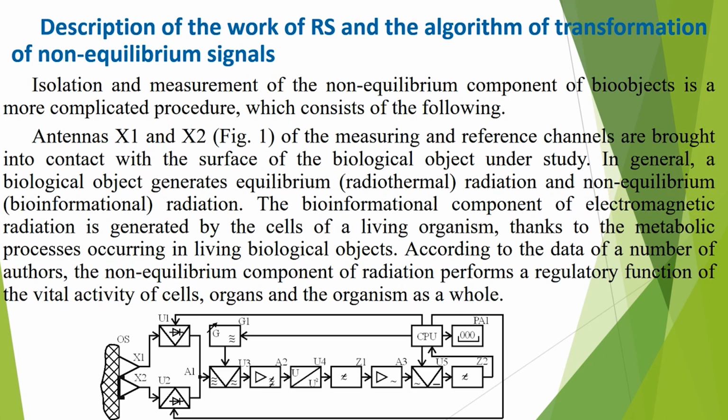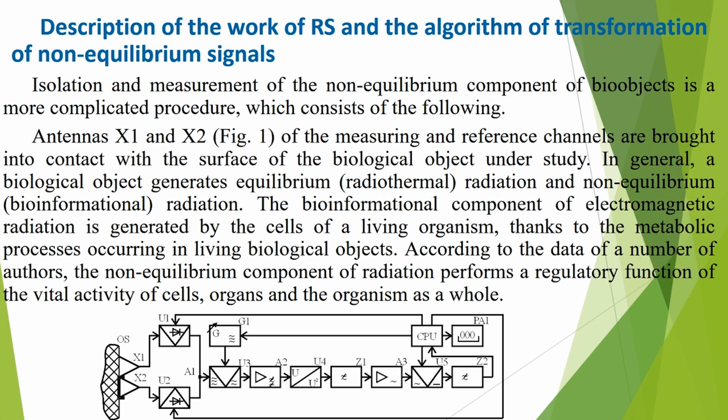In general, biological objects generate equilibrium radiation and non-equilibrium radiation. The bioinformational component of electromagnetic radiation is generated by the cells of the living organism thanks to the metabolic processes occurring in living biological objects.